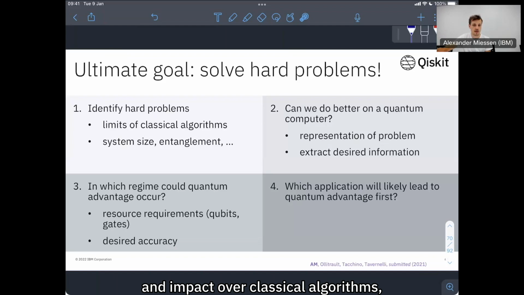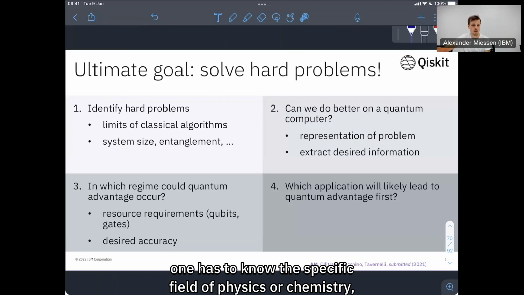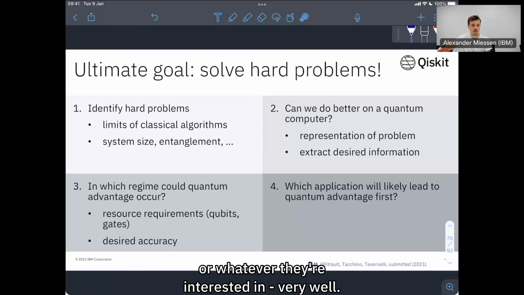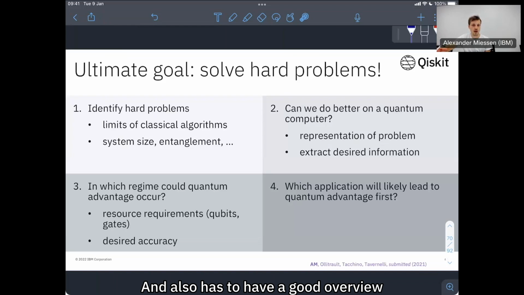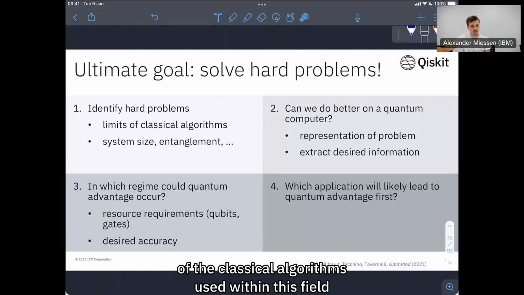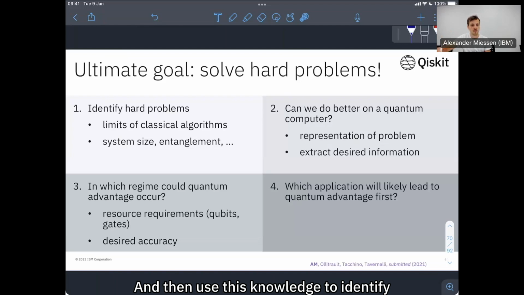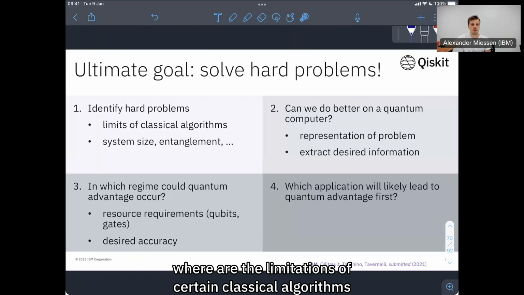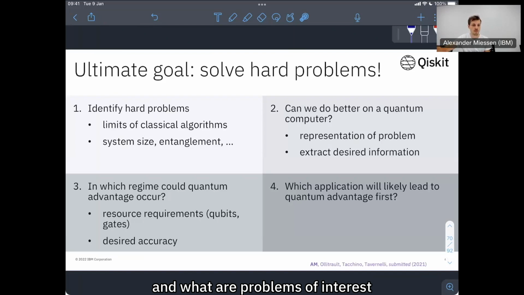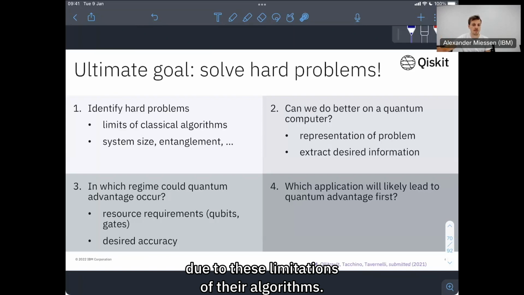and impact over classical algorithms, one has to know the specific field of physics or chemistry or whatever that they're interested in very well, and also has to have a good overview of the classical algorithms used within this field to solve problems, and then use this knowledge to identify where the limitations of certain classical algorithms are and what problems of interest this respective community wants to solve but cannot solve due to these limitations of their algorithms.